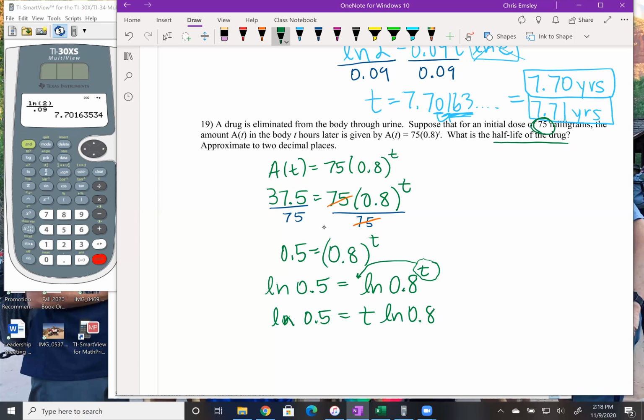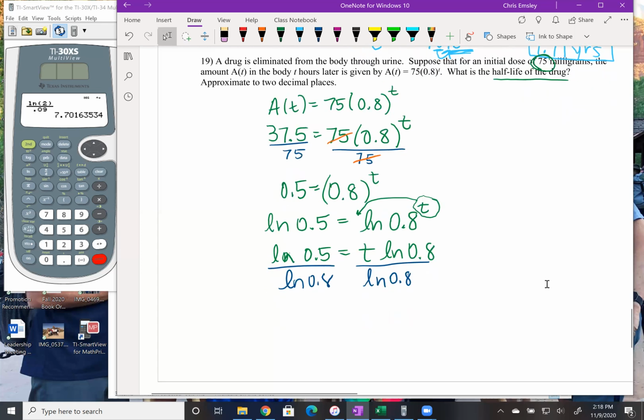We have t times the natural log of 0.8, so we'll divide both sides by the natural log of 0.8. So t is equal to natural log of 0.5 over natural log of 0.8, which you can grab your calculator, type that in.